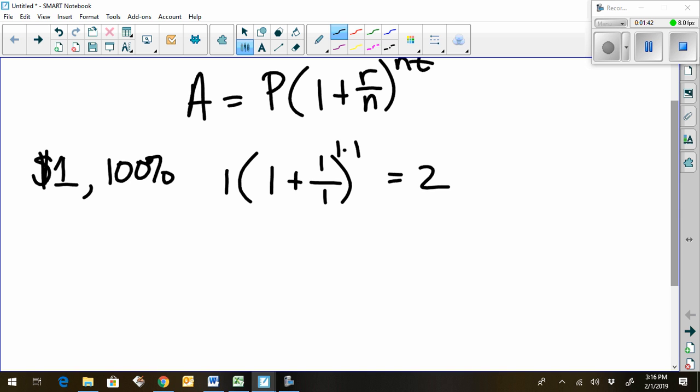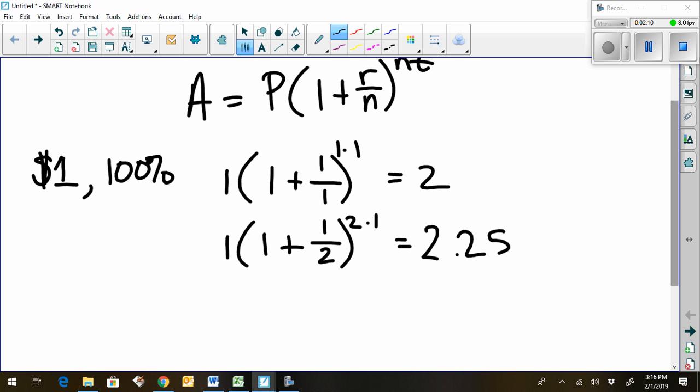So we have $1, we get it back, 100% interest rate, semi-annually, so then it'll be 2 times 1. And let's see, we get 1/2 plus 1 is 1.5. 1.5 squared, we end up with 2.25.